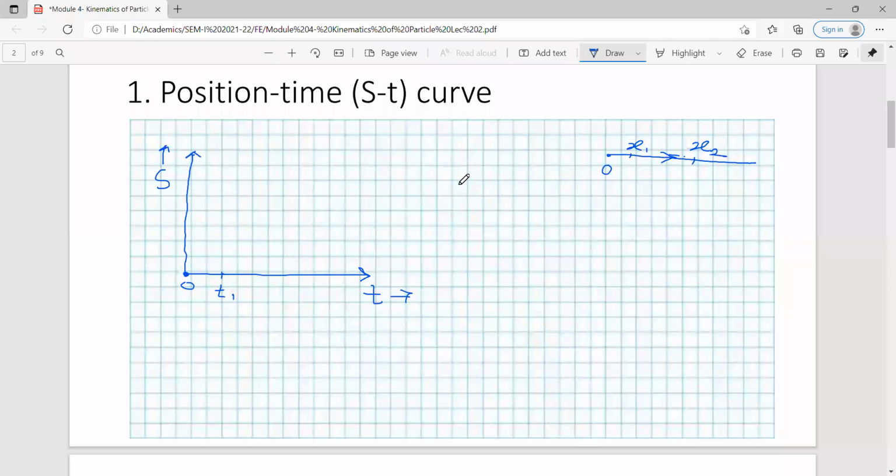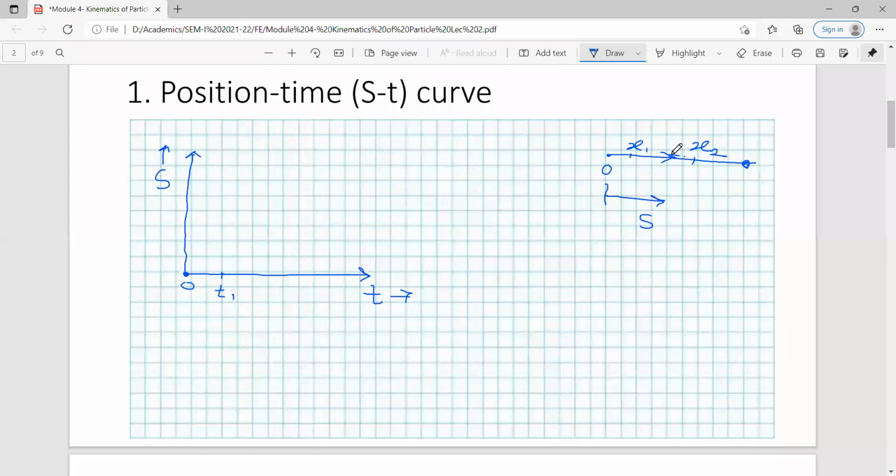Whatever is the displacement, it is our origin point, and we will measure the distances towards the right. Suppose the object is here, then its displacement will be measured from this origin point, that is, how far away it is from the origin point. It is our reference point.